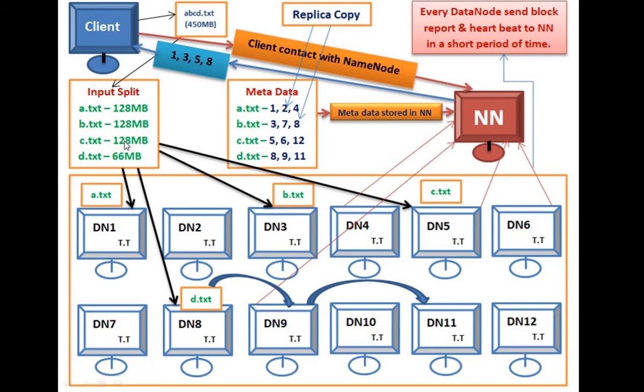So whenever we store data onto HDFS, it will break that big file into a number of input splits. Be clear about this: when we store a big file, that big file is split into input splits.